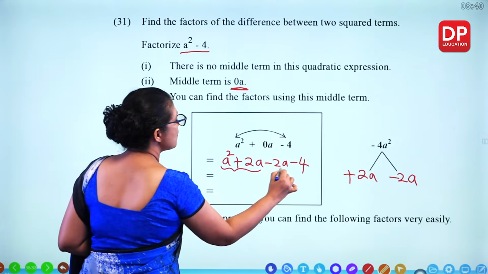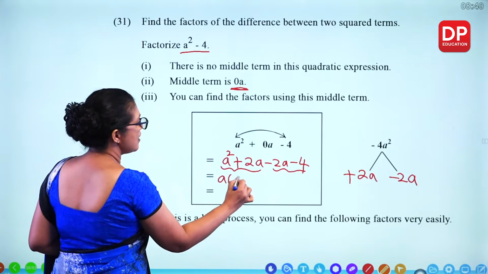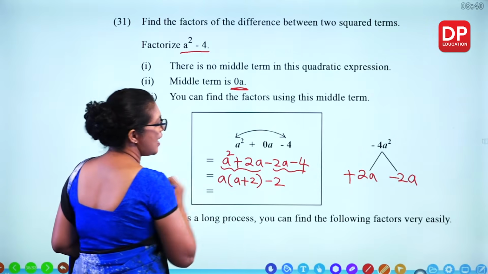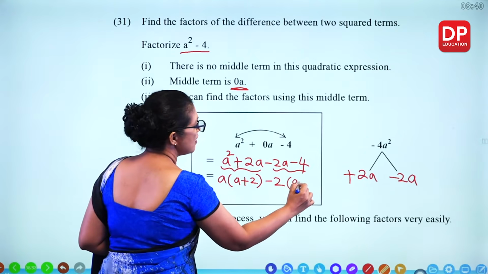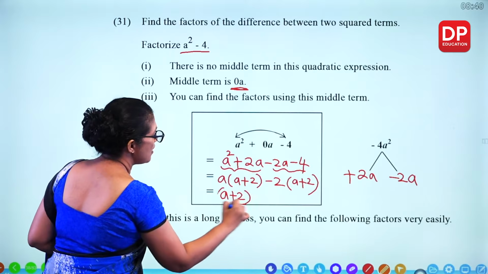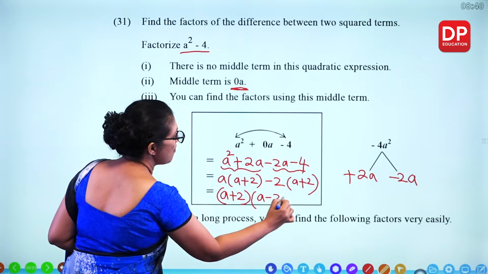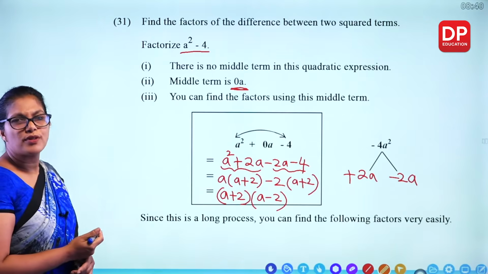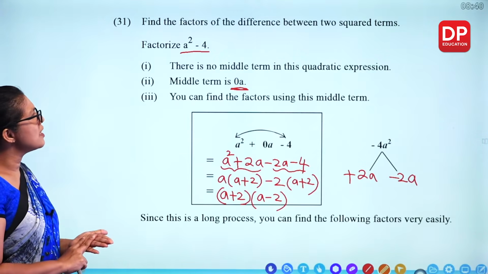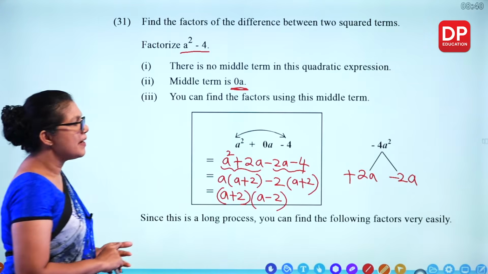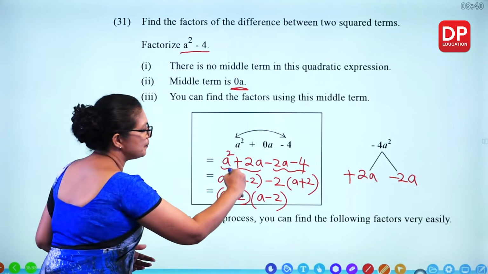When you take the first two separately, you get a plus 2. And here negative sign and 2 is common, a plus 2. Then a plus 2 is common, you get a minus 2. So this is a long process. Now you have two terms, but when you are trying with a 0 term in the middle, it takes time.